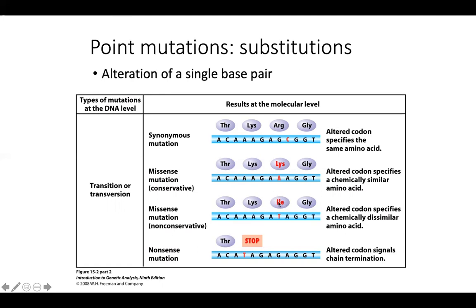If this is in the active center of an enzyme, most likely this is going to wreak havoc. But if it's on the outside of the protein and does not interfere with protein folding or interactions with other proteins, it might actually have little phenotypic effect. And then the third type is nonsense mutations, which is basically the addition of a premature stop codon that then results in the stop of translation.